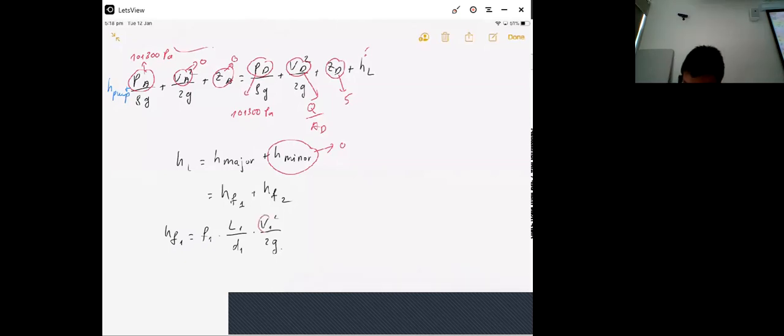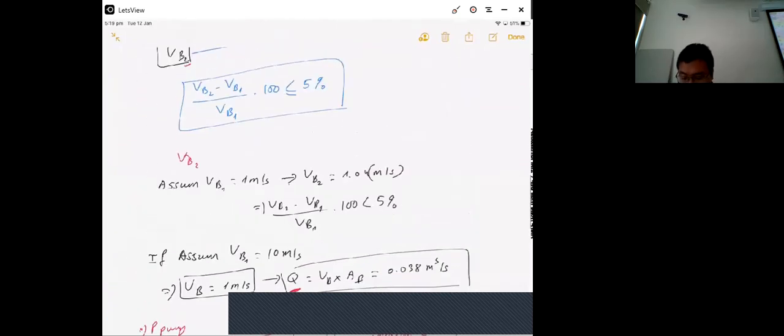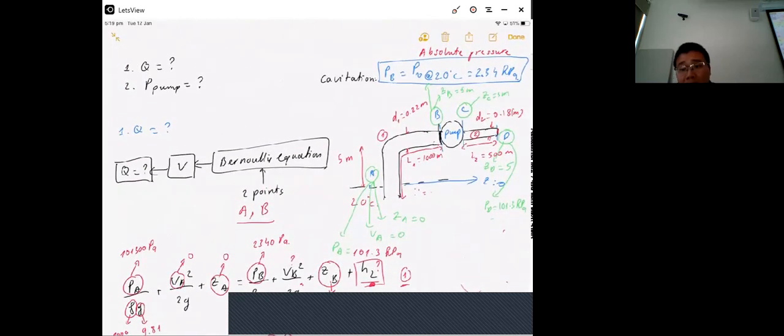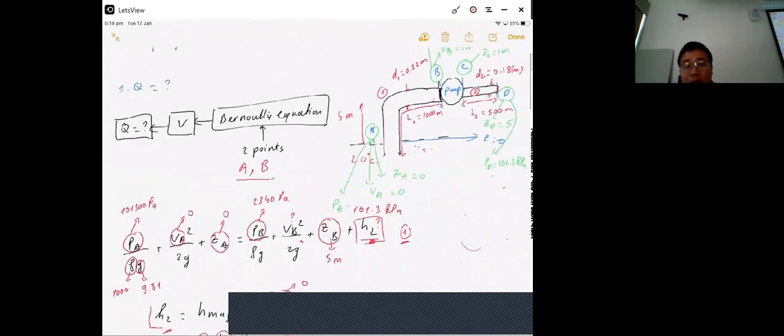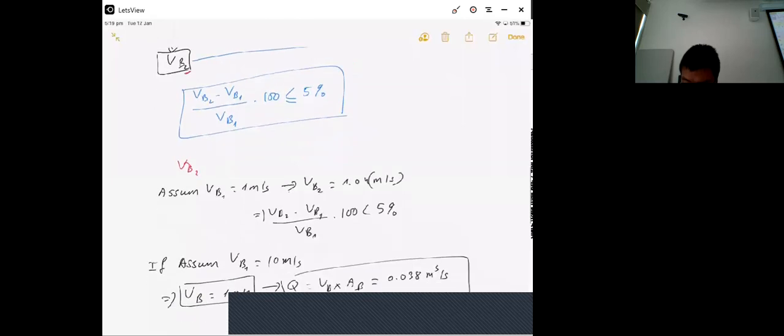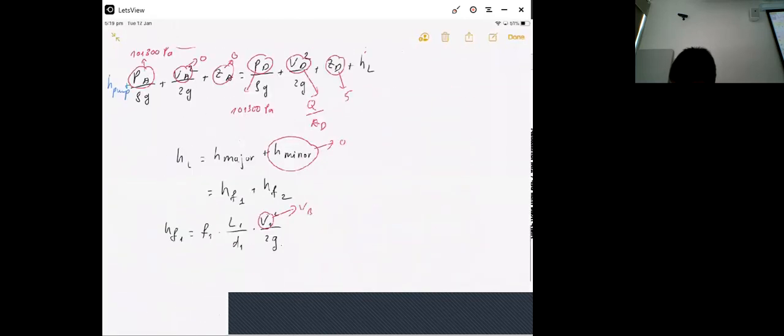V1 is the velocity in the big pipe. The diameter is constant and the volume flow rate is constant, so the velocity is constant. So V1 equals VB, or 1 meter per second.